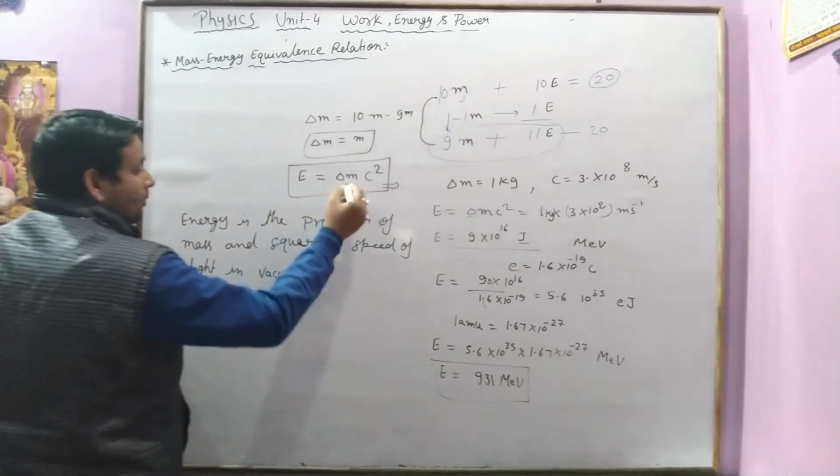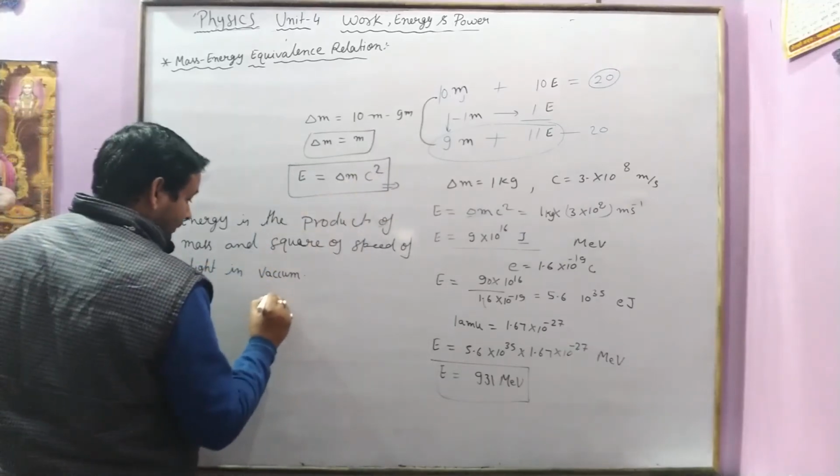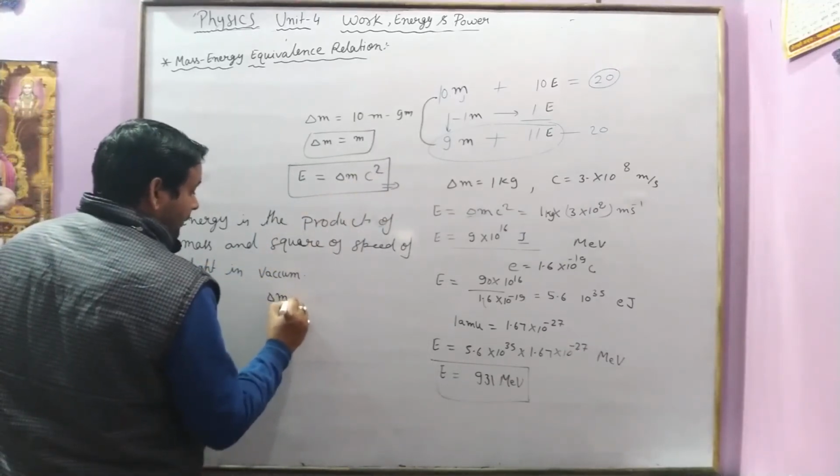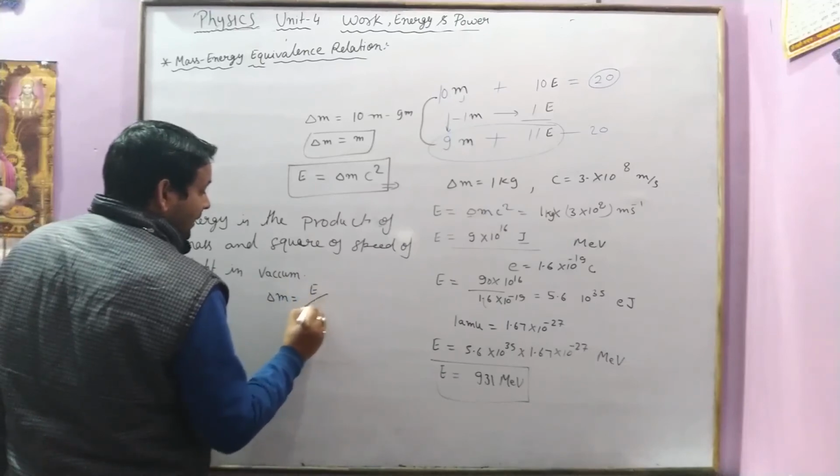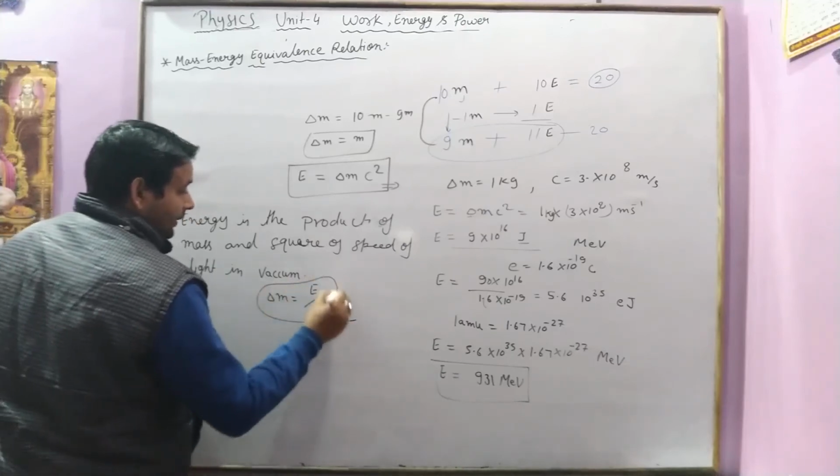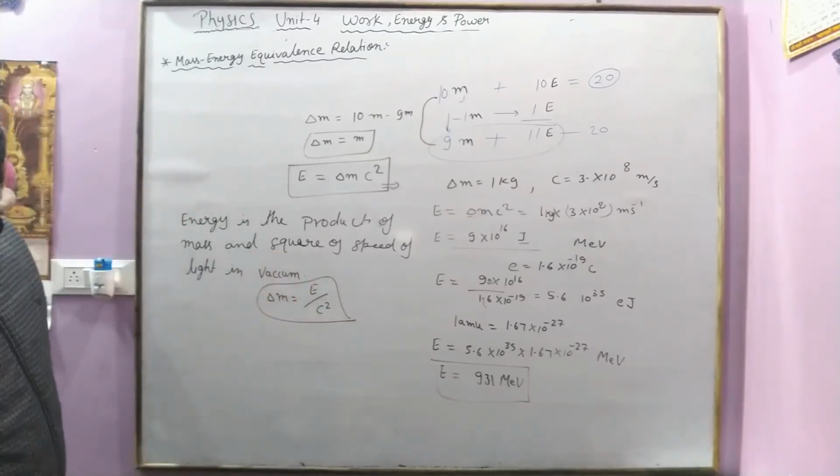From this relation we can also calculate that Δm is equal to energy upon the square of the speed of light.